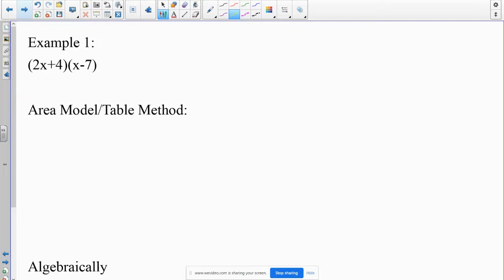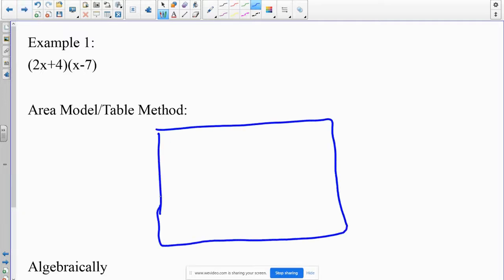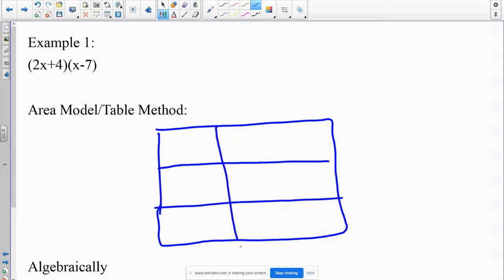Our first example is going to be 2x plus 4 times x minus 7. We'll start with making a table. To do a binomial times a binomial, you have to do a 3 by 3 table.